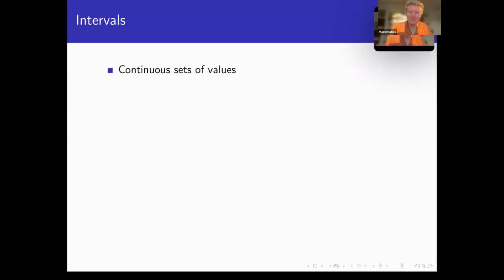Set builder notation allows us to put a cap on that, but intervals are going to be really nice for us to write it even shorter. So again, intervals are continuous sets of values, and we have two types of intervals within that: bounded intervals and unbounded intervals. Bounded intervals come in two different types. So we have a whole bunch of different subtypes of these things.